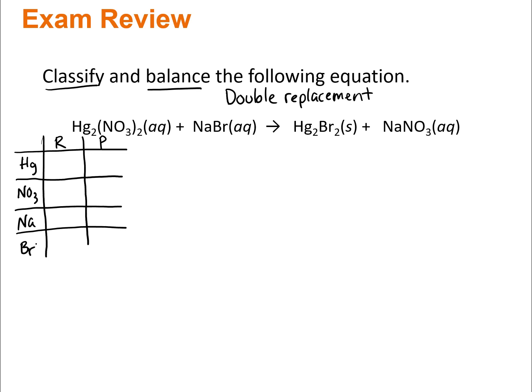We start off by making our chart to figure out how many of each atom we have on the reactant side and the product side.